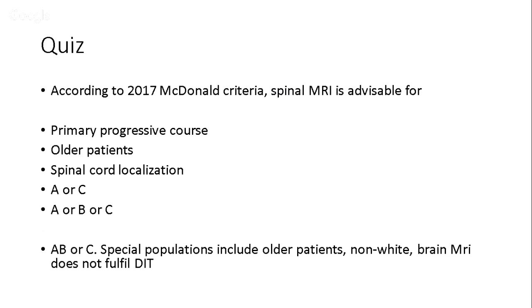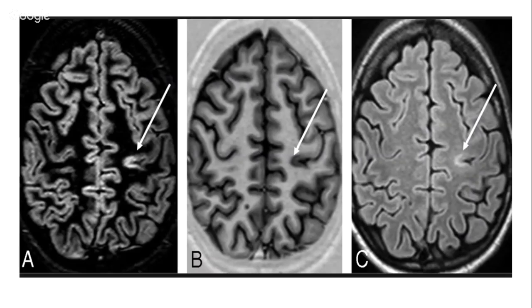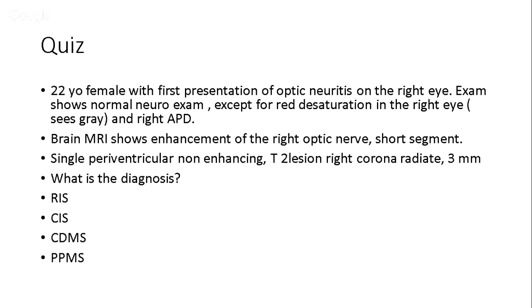But in special populations, older or non-white patients, or when brain MRI does not fulfill criteria for dissemination in time or space, you can get a spinal cord MRI. Standard MRI is not effective in distinguishing cortical lesions, but you can get a 7 Tesla MRI and look for cortical lesions. Now cortical lesions are part of your diagnostic criteria.